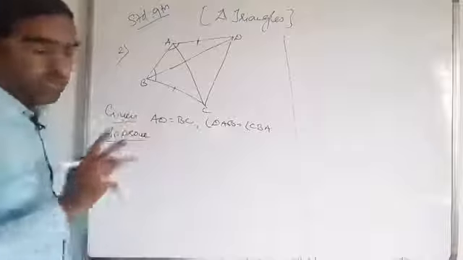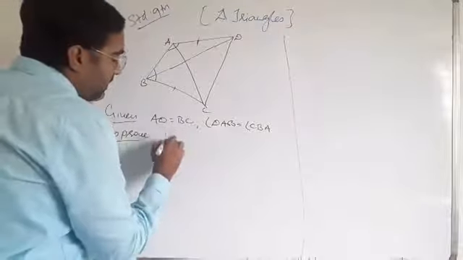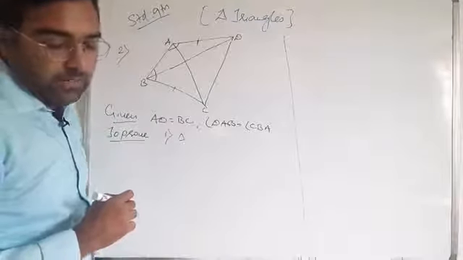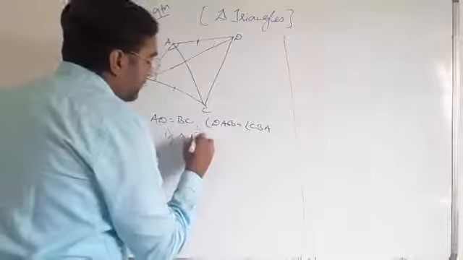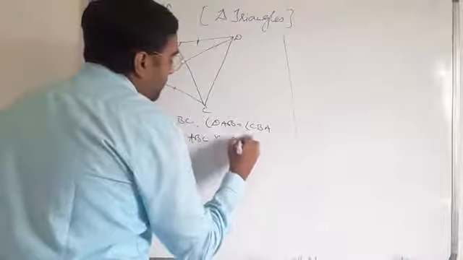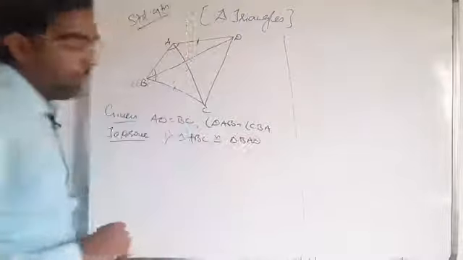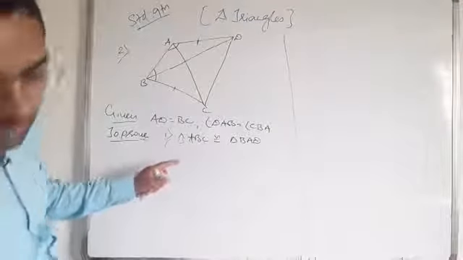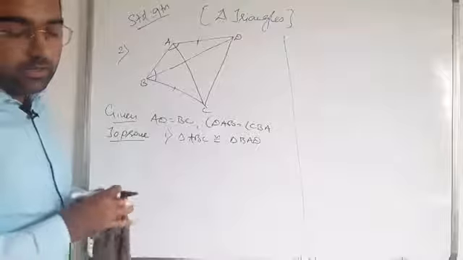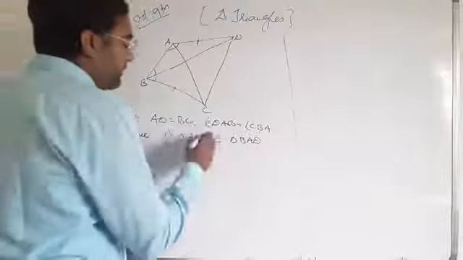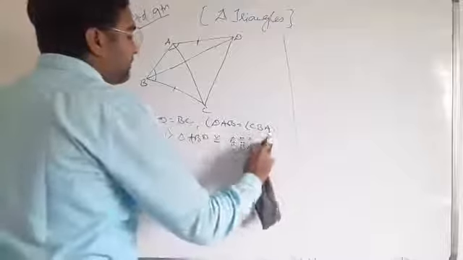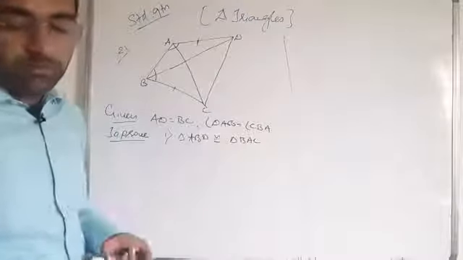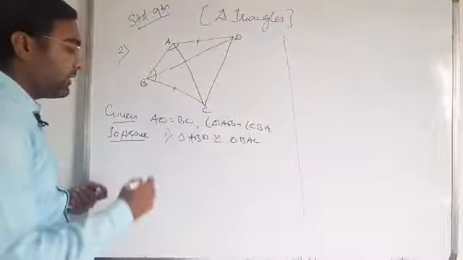Here we need to prove three things. First, prove triangle ABD is congruent to BAC. Sorry, I wrote it wrong. Triangle ABD is congruent to triangle BAC. Second, BD is equal to AC.